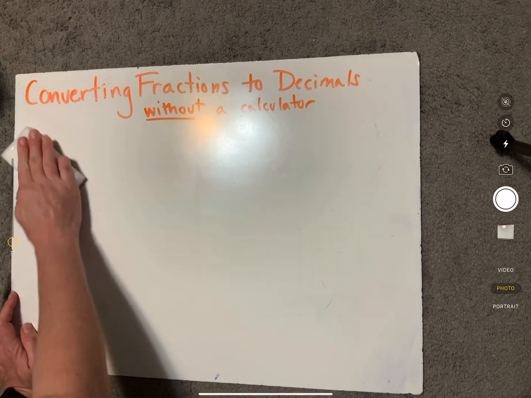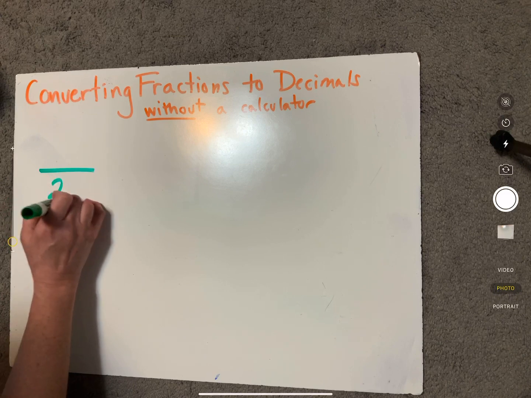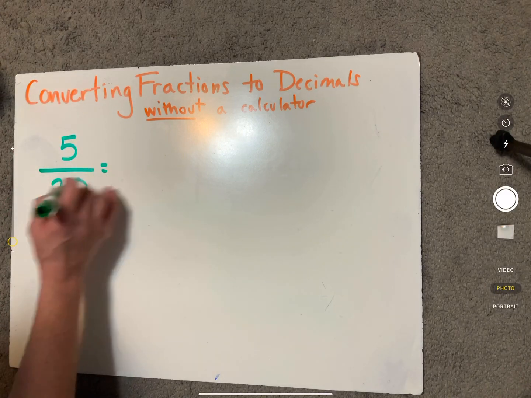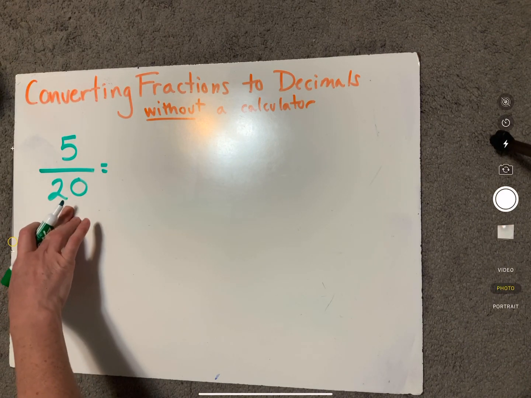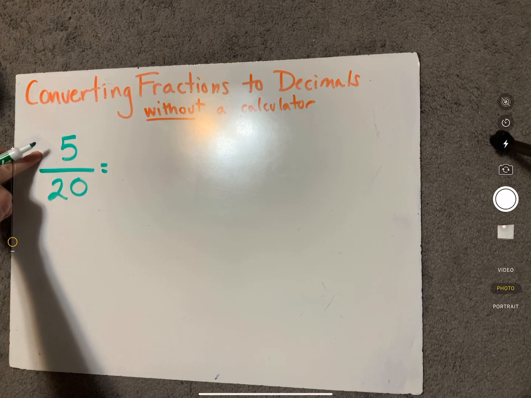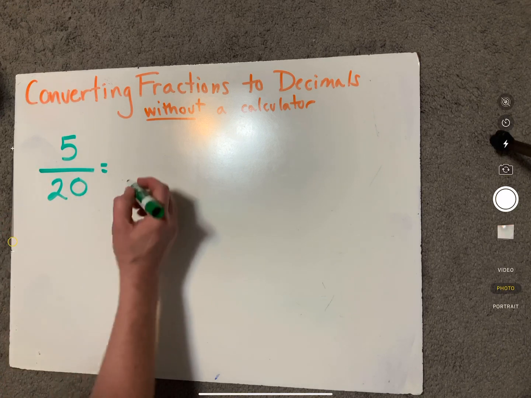If I have a fraction that has the denominator of 20, let's say we have 5/20. Now, I could divide 20 by 2 to get 10, but can I divide 5 by 2? I can't. So I'm going to have to make this denominator 100.